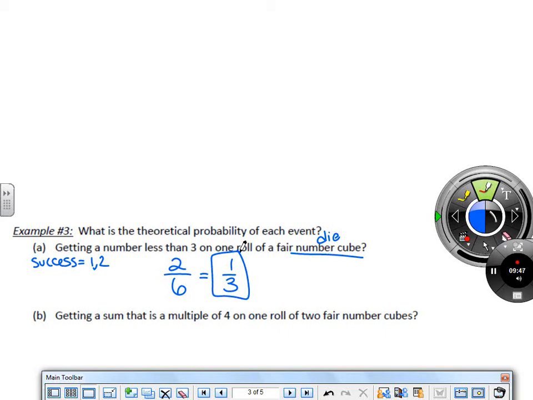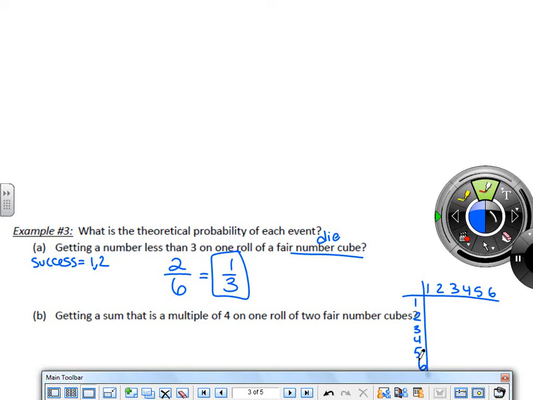Getting a sum that is a multiple of 4 on one roll of 2 fair number cubes. So we're going to look at a chart more extensively in class. Okay? But basically, the first die, number 1, you can get any number 1 through 6. And you can do the same on another.